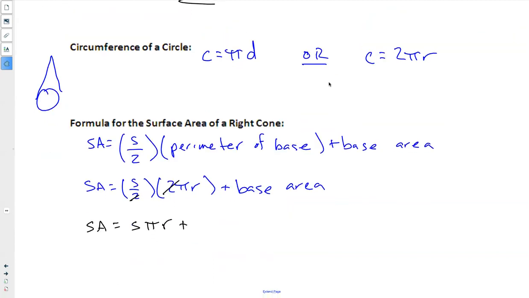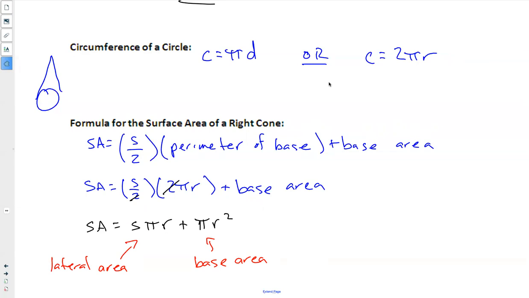So it's slant height times pi times r plus pi r squared. This is our lateral area, and this right here is our base area. So similar to the formula that we used yesterday, surface area for a right cone is still going to be the lateral area plus the base area.